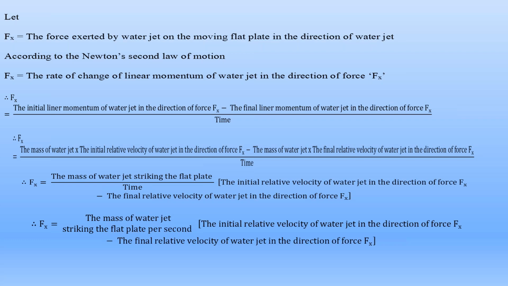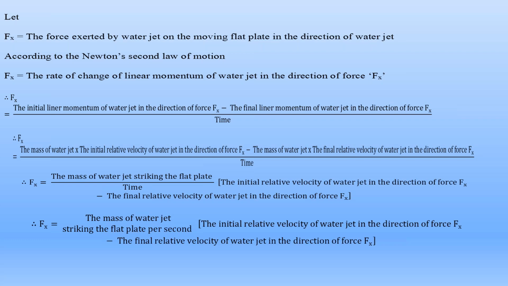Since the final relative velocity VFR is acting on the y-axis, the final relative velocity of the water jet in the direction of force Fx is 0, because the force Fx is acting on the x-axis.